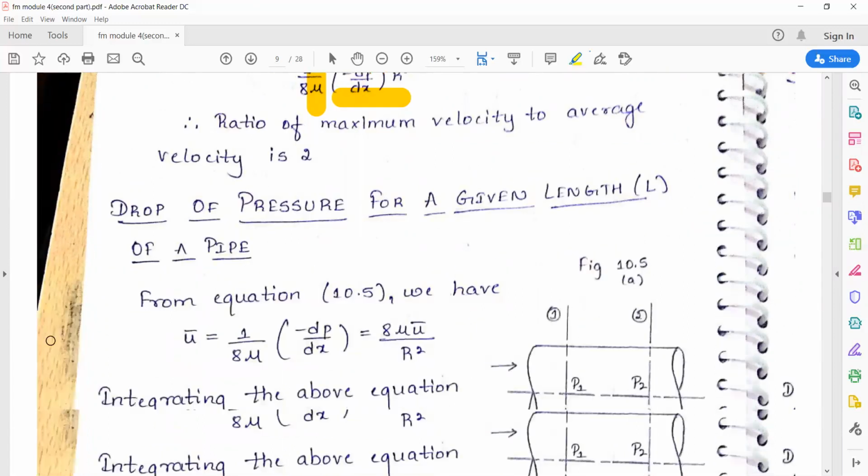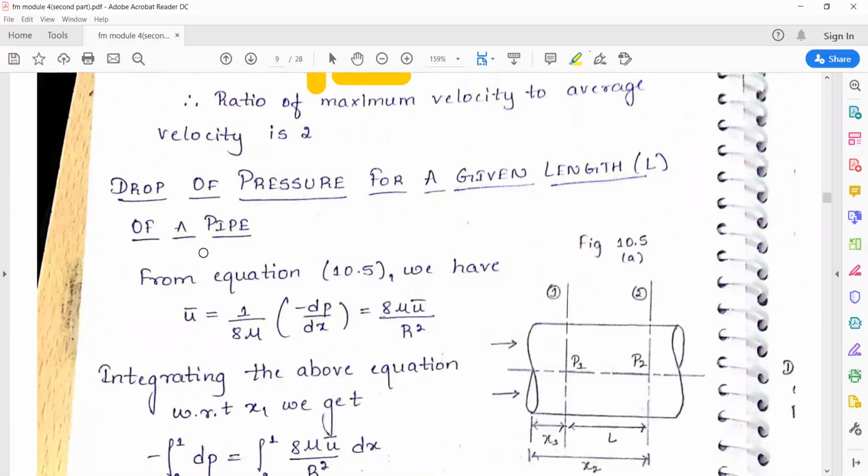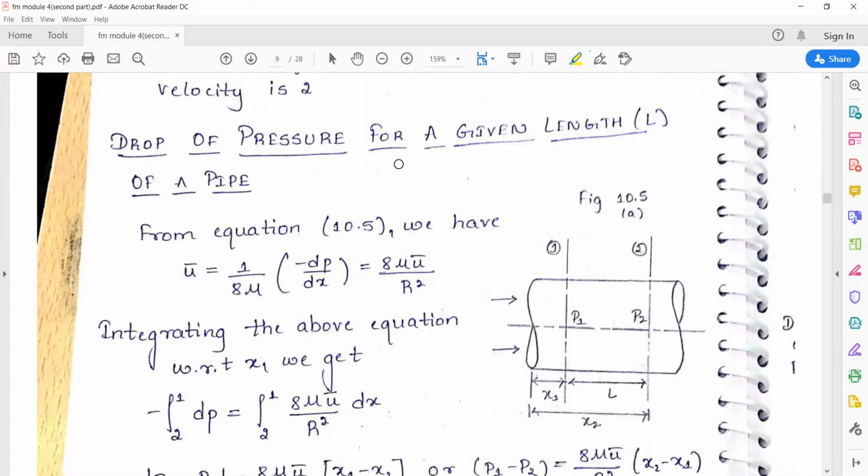Next, we can derive the expression for pressure drop, that is the drop of pressure for a given length of pipe. In the circular pipe they are considering two sections at a distance L. The pressure at section 1 is taken as P1, and the pressure at section 2 is taken as P2.